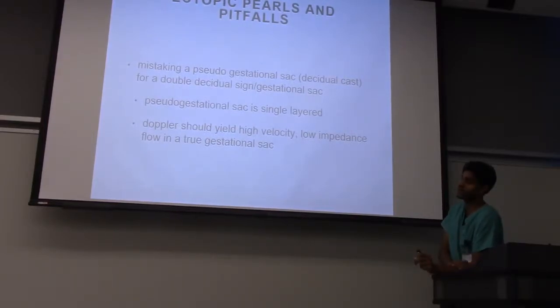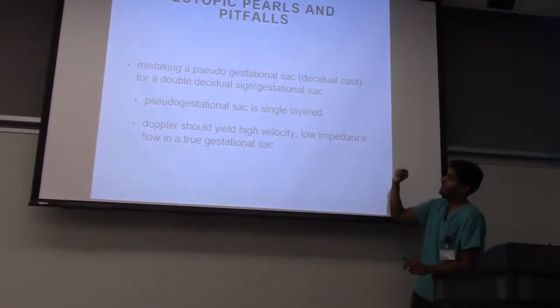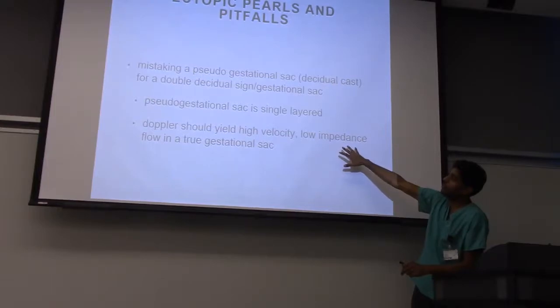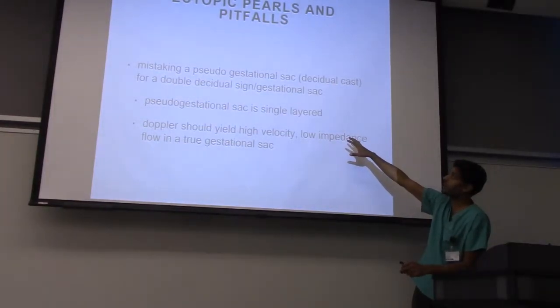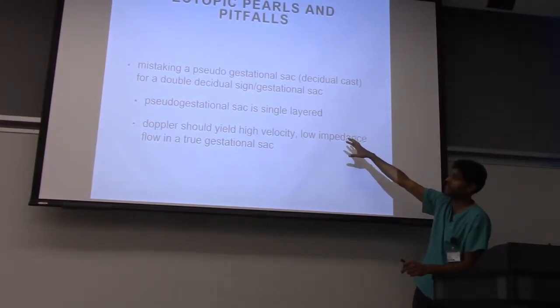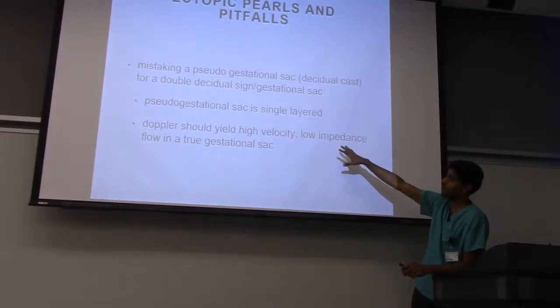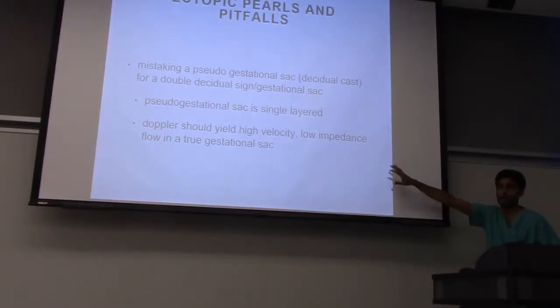A true gestational sac should have a double layer. It should not be a single decidual cast. And this isn't always true, but when you have trouble identifying between whether or not there's a double decidual sign or a single decidual cast, a true gestational sac will have high velocity, low impedance blood flow because it's going to be a hyperemic, hypervascular structure.